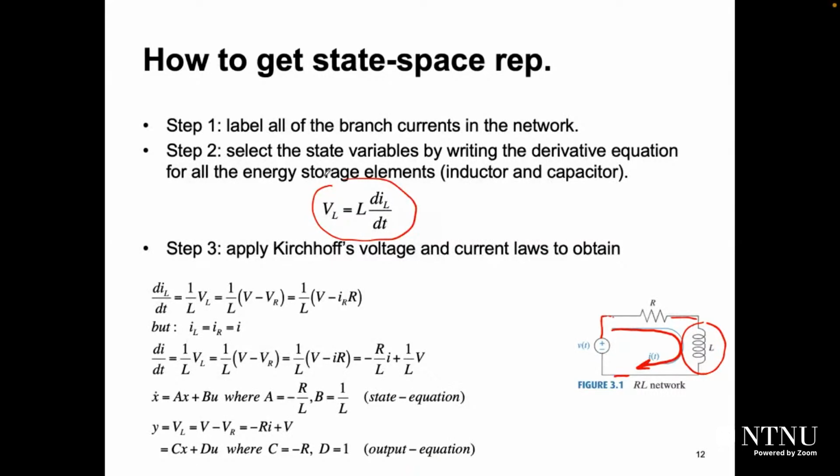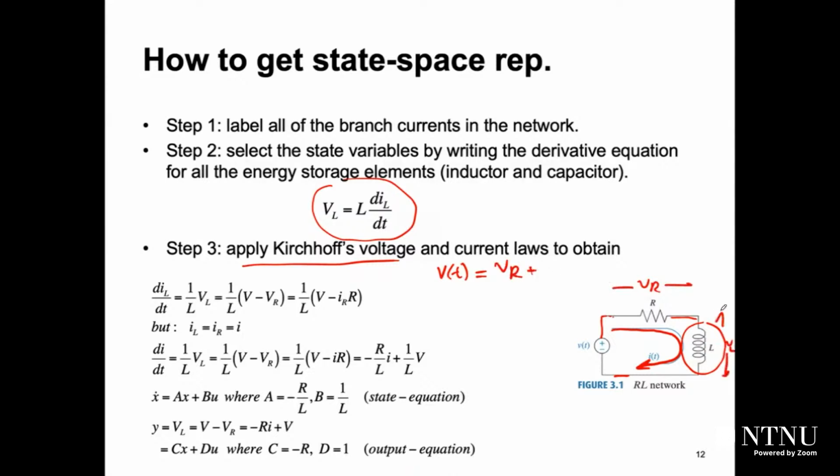After that, we apply Kirchhoff voltage law and current law to obtain a differential equation describing your system. By applying Kirchhoff voltage law, the source V of t equals the voltage drop across R, which is VR, plus VL.